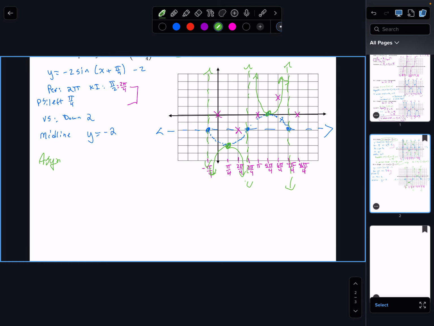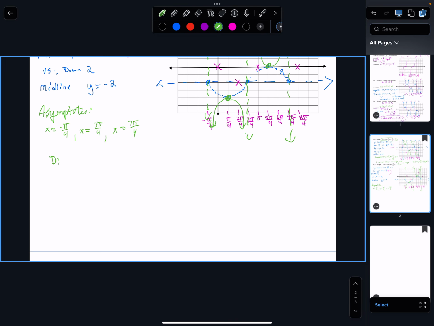And so your asymptotes, x equals negative pi fourths, and then half the period away from that is where your next one's going to be. And half your period is pi. If I add pi to that, I'm at 3 pi fourths, and that's where it is. Add pi to that, and we have 7 pi fourths.